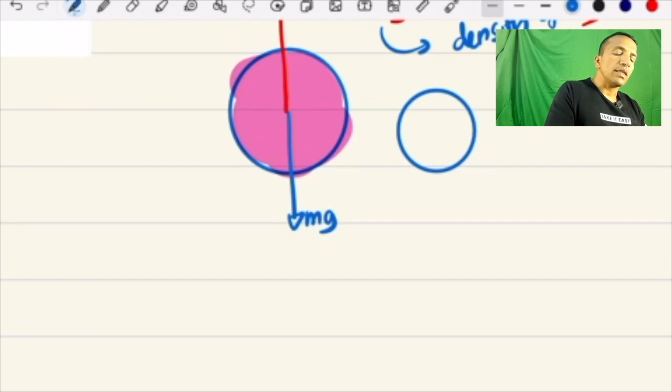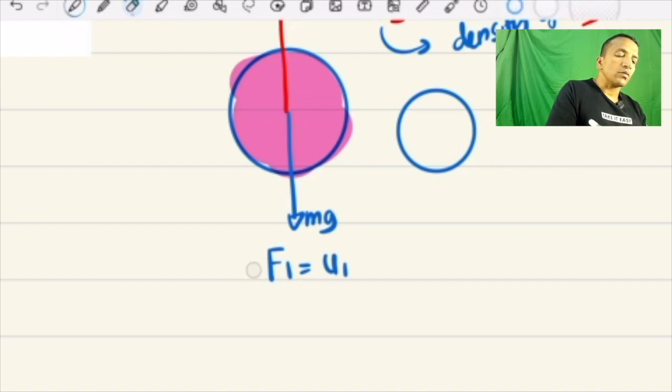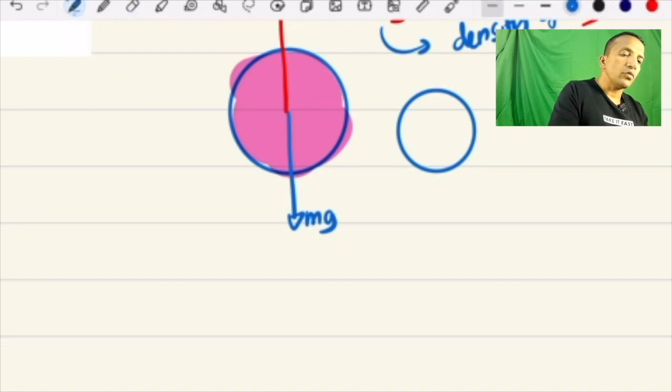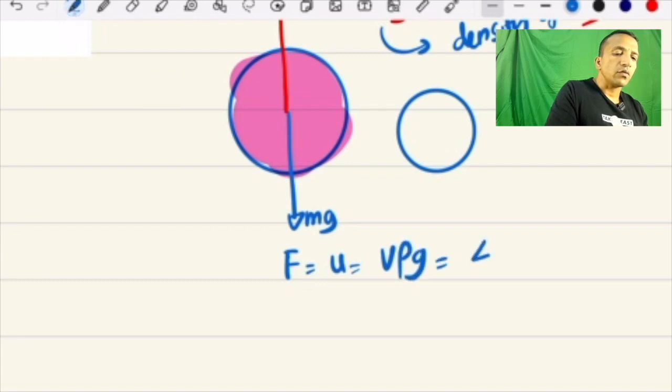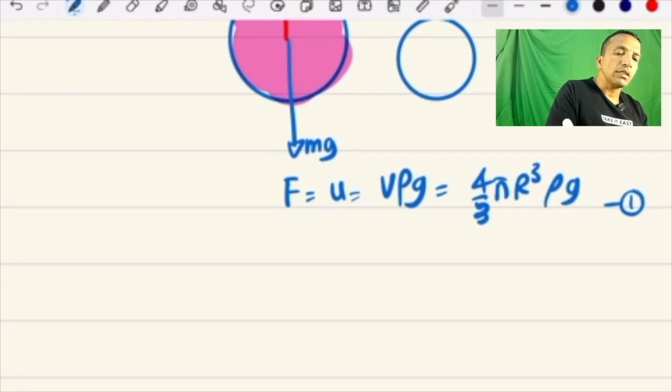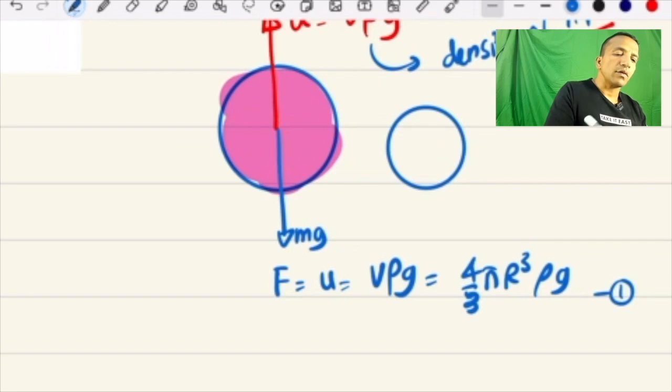So based on that first equation, let's call it F1, or you can call it U1. Sorry, in the marking scheme it says F or U. So F or U equals V rho g. Volume of a sphere is 4 over 3 pi r to the power of 3, times rho g. Let's take it as equation 1.